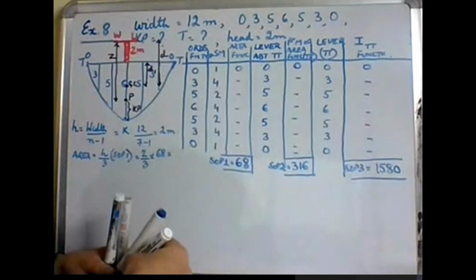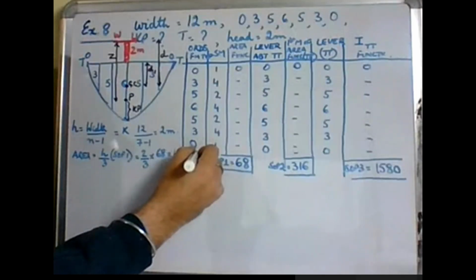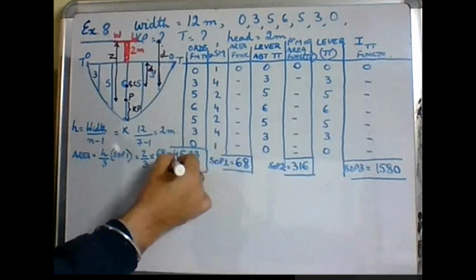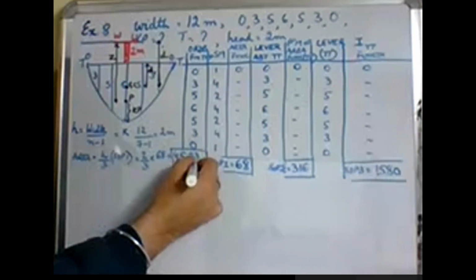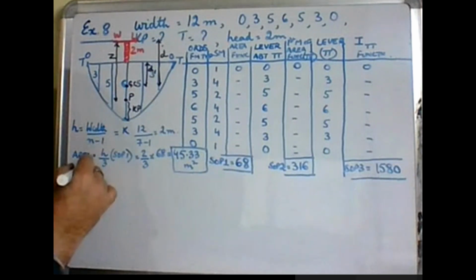So 45.33 meter square. All right. Now, vertical ordinates.